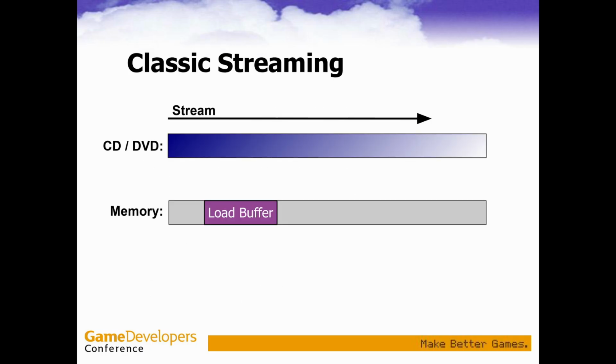So first I'd like to talk about audio and video streaming that everyone, I'm sure, is used to and is almost required for any modern console game. So you essentially have a stream of data stored linearly, usually in time, on the DVD. And you allocate a large buffer in memory, and you load in the first bit of data from the DVD. Once the data is finished loading, you can then start playing it in memory.